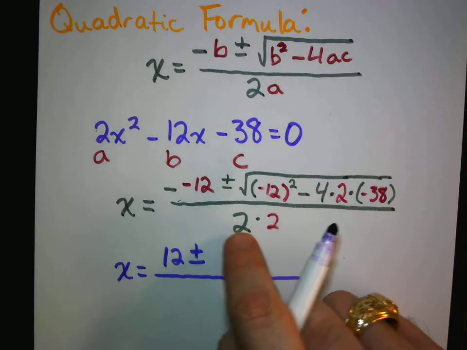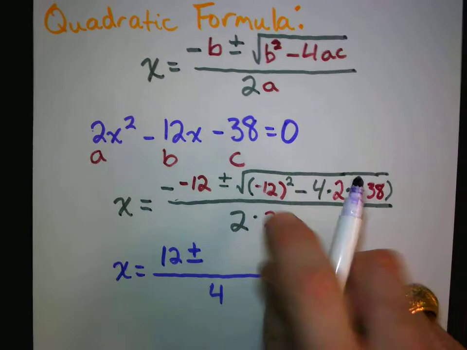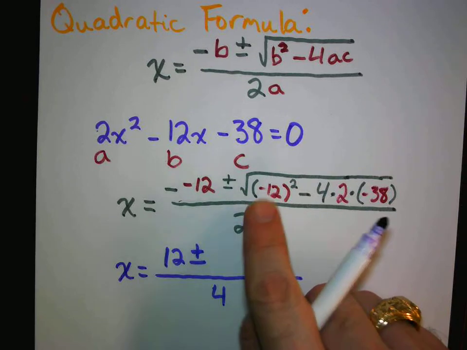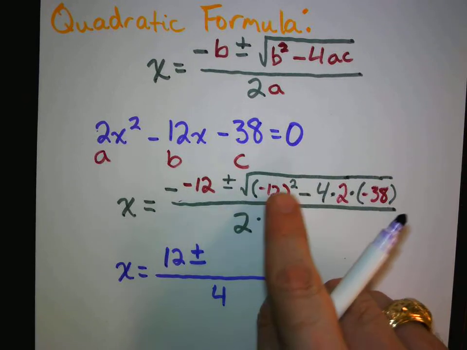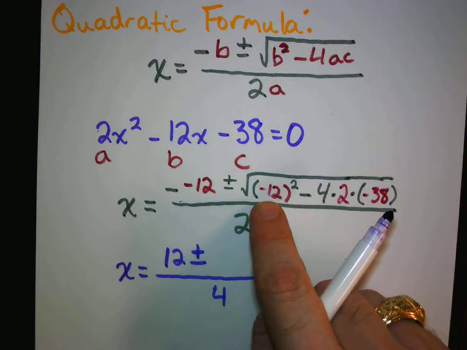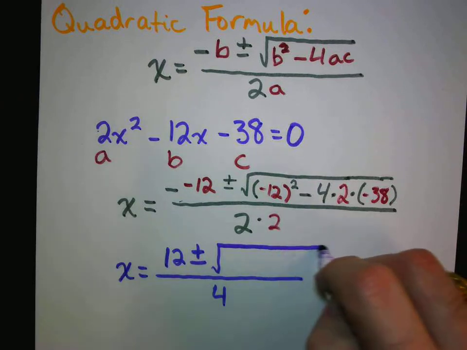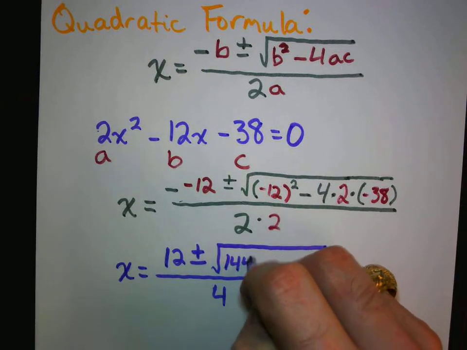But let's go ahead and do the easy part. 2 times 2 is 4. Now, the reason I put negative 12 in parentheses is because I want to square the negative also, because when I take negative 12 times negative 12, I'm going to get positive 144.